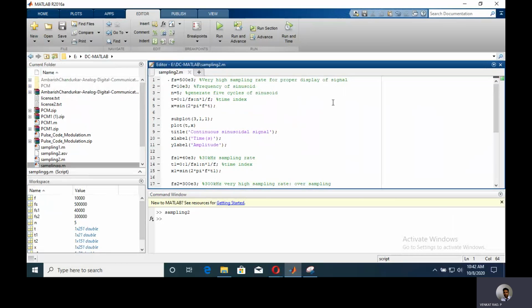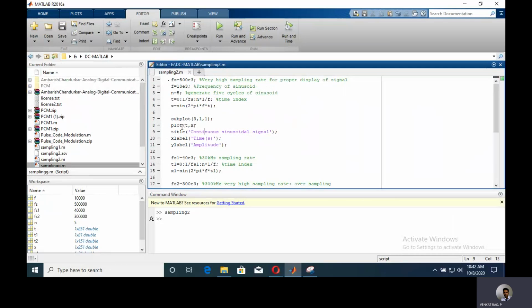For example, if you want to display any sinusoidal signal or any analog signal in MATLAB, the main function is to plot that signal, that is plot of t comma x, where the x-axis is time and the y-axis is amplitude.